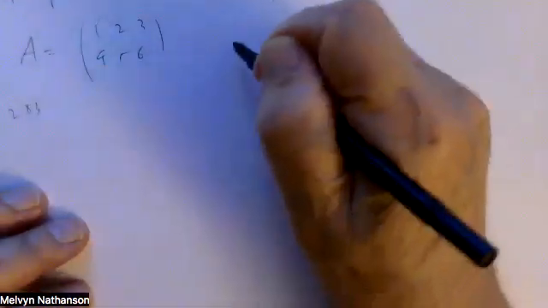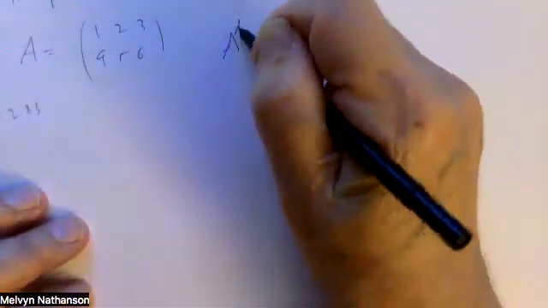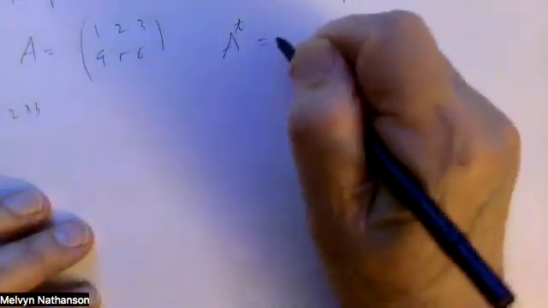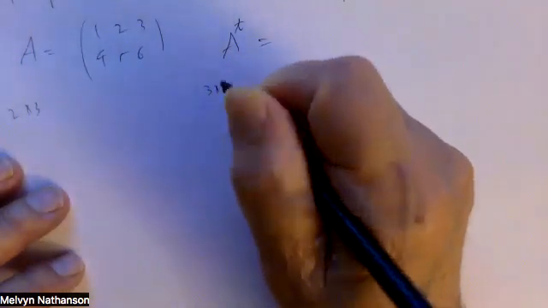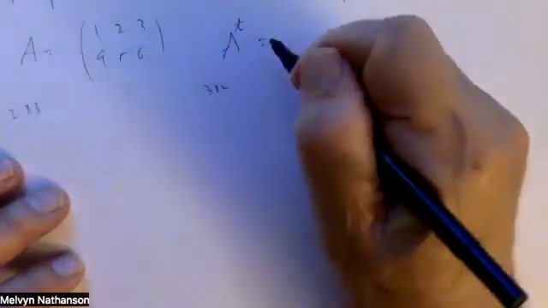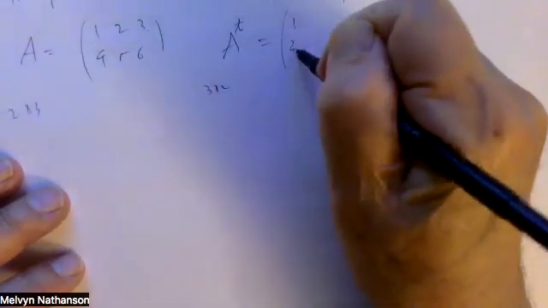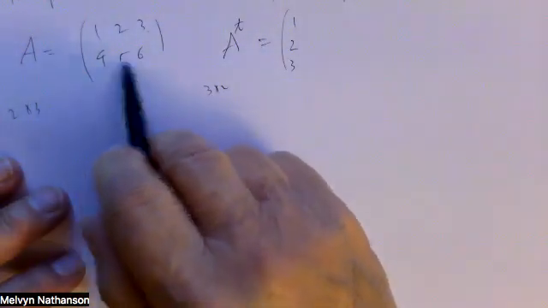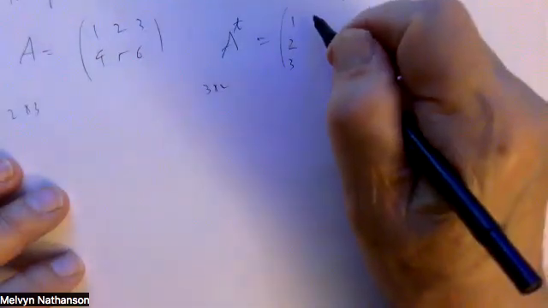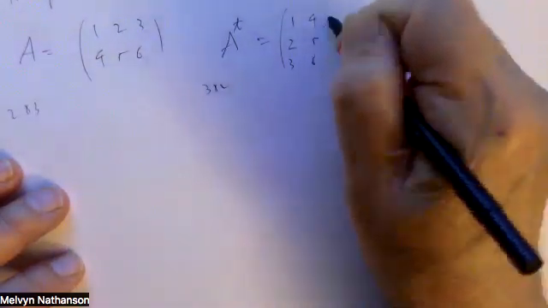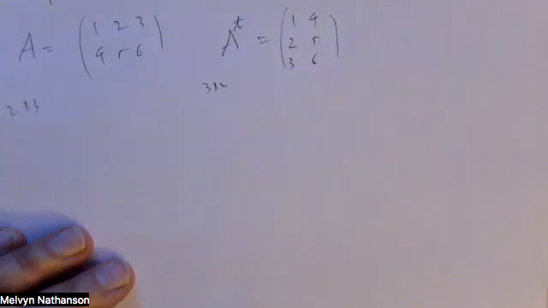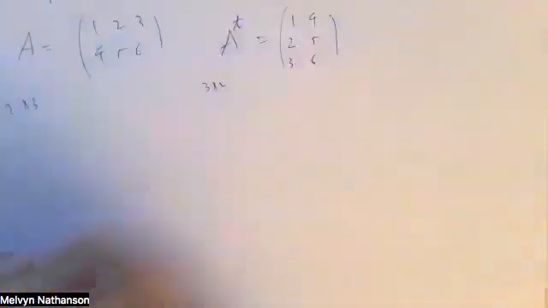A is the matrix 1, 2, 3, 4, 5, 6. This is a 2 by 3 matrix. The transpose, which I'll denote by a superscript T, is going to be, instead of 2 by 3, 3 by 2. So the first row of A, 1, 2, 3, becomes the first column of the transpose. The second row of A, 4, 5, 6, becomes the second column of the transpose. So it's like you're flipping the matrix around.